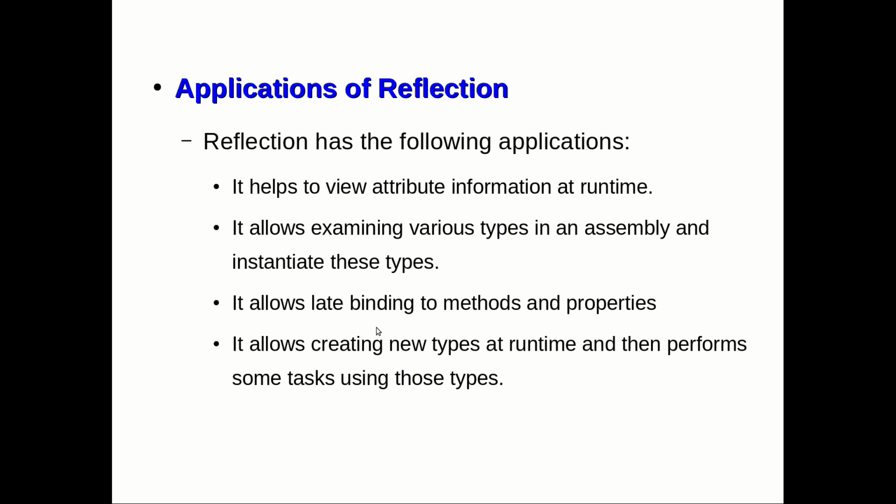So it allows late binding to methods and properties, and it allows creating new data types at runtime, because you can access the information of methods or classes during the runtime. By the time you come across a type which can be used in your application, you can create that particular object. That is the purpose of using reflection at runtime, and then perform some task using those data types. So these are different applications of the reflection object.